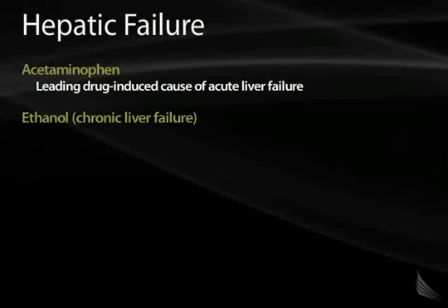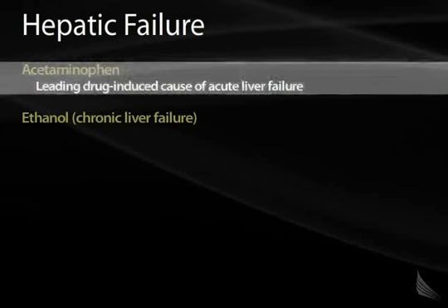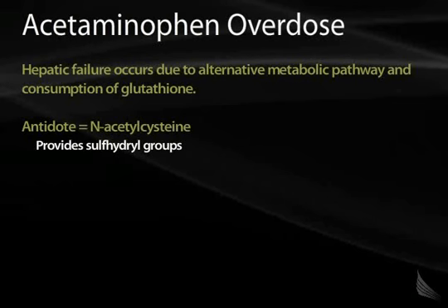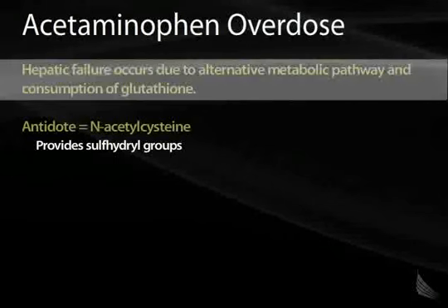with regard to hepatic failure, the most common cause of drug-induced liver failure is acetaminophen or Tylenol toxicity. Alcohol also is a major cause of liver failure, especially in patients that are over the age of 40. In terms of acetaminophen overdose, hepatic failure occurs because of the consumption of the normal metabolic pathway and the initiation of an alternative metabolic pathway of acetaminophen.